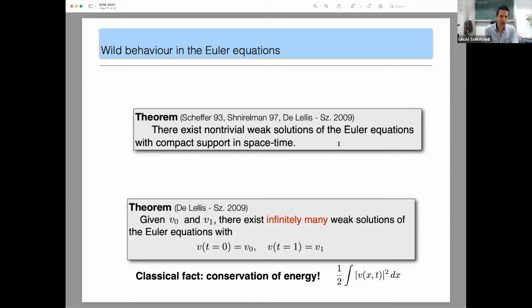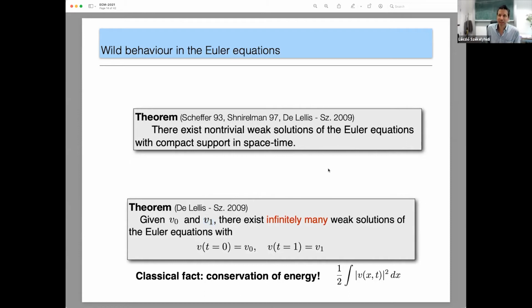It's actually worse. One can prove that given any initial velocity field V0 and final velocity field V1, there are infinitely many weak solutions of the Euler equations that start at V0 and end up at V1. So there is no really well-defined evolution if you look at the weak solutions of the Euler equations. You can get from any point to any other point in phase space.